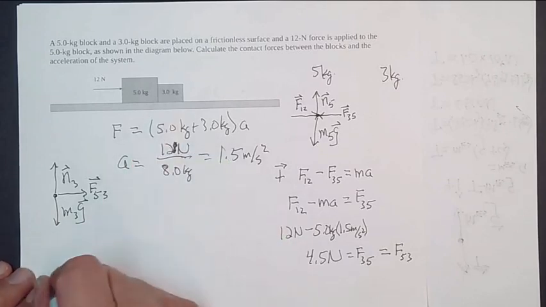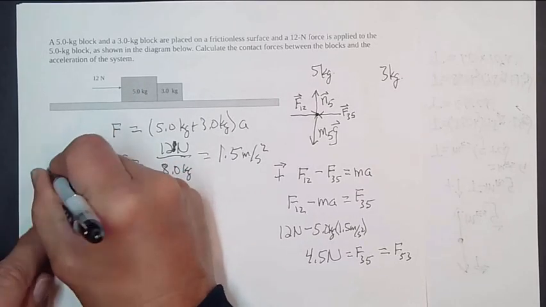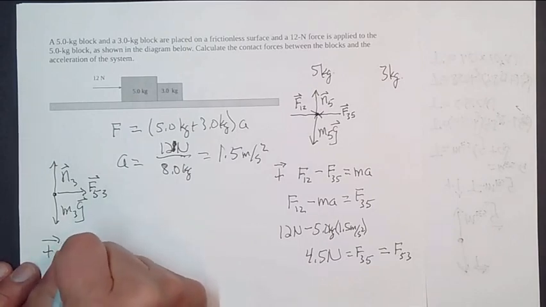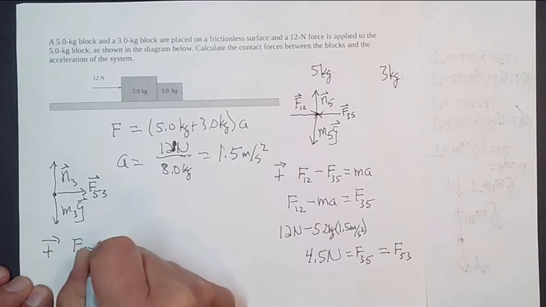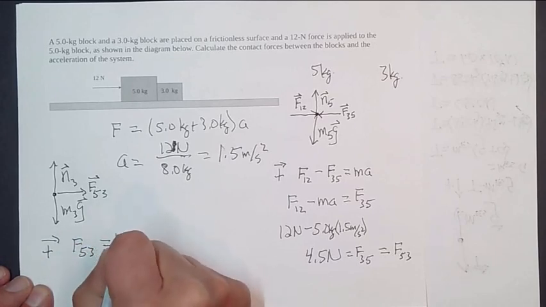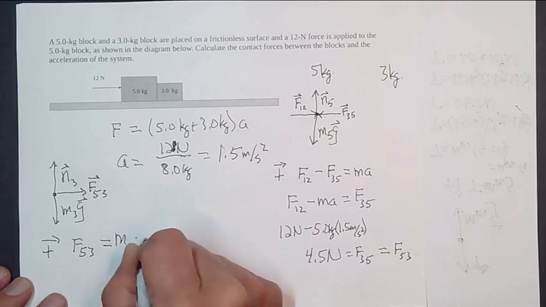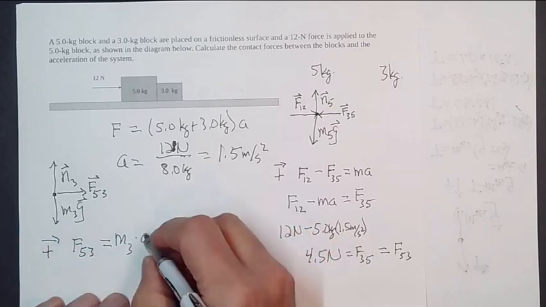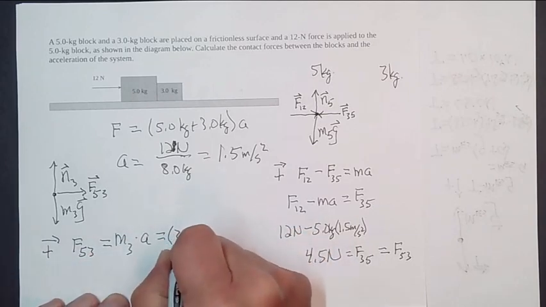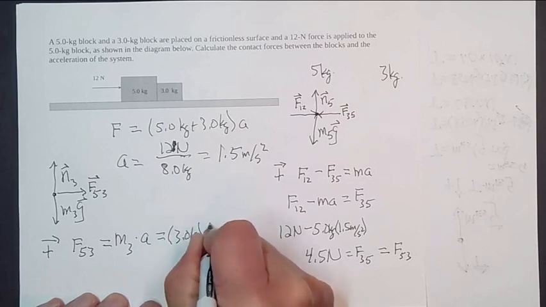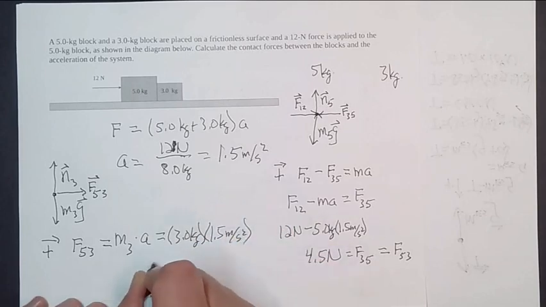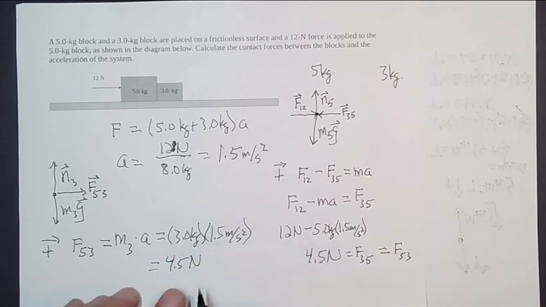Well, with positive being to the right, again, I know the vertical forces add to 0, so I don't need to worry about them. But I'll have the force of the 5 kilogram object on the 3 kilogram object will equal the mass of that 3 kilogram object times its acceleration. Well, its acceleration is 1.5 meters per second squared, so I'd have 3.0 kilograms times 1.5 meters per second squared, and surprise, surprise, that ends up equaling 4.5 newtons.